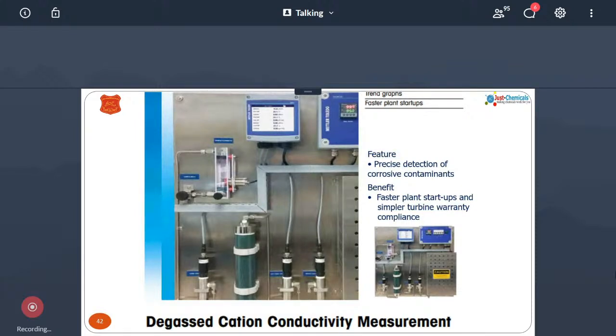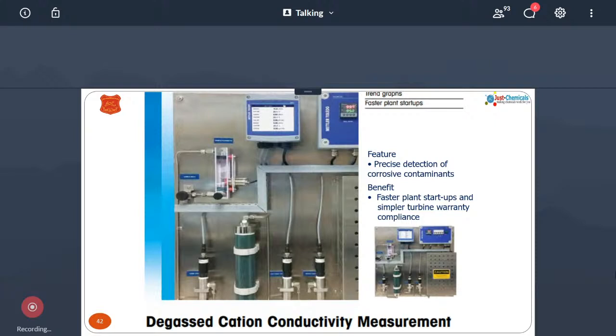If CO2 is making it high, then we have to see the source of CO2 also, because air in-leakages can cause high CO2 in the system, or if your DM tanks or condensate storage tanks are not doing well at removing CO2 during water lifting and water supply, then CO2 can enter the water system.